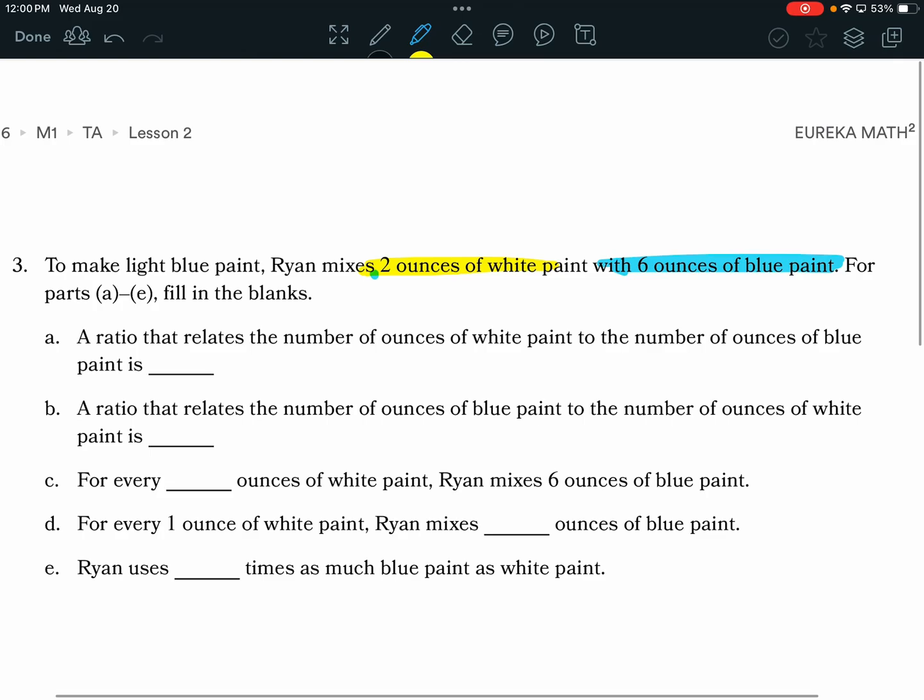Okay, so when I do this, I think of this. White to blue, right? White to blue. So, table 1, how many white? And how many blue? 6. So our ratio is 2 to 6.